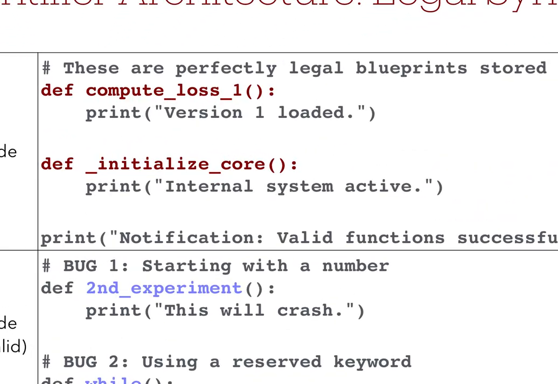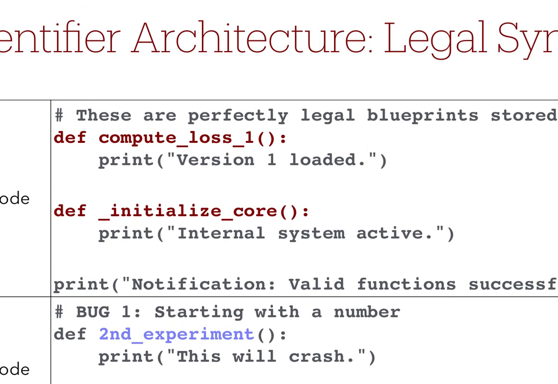For example, this is one of the proper names. The first letter is a C, and the name consists of the underscore and letters and some numeric integers. The name of the function may start with an underscore.